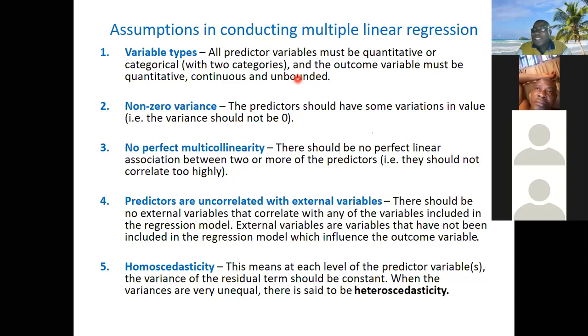It must be 1 and 0. That is the logic of a dummy variable. Whenever you want to use a categorical variable for any form of regression, either linear or logistic, you must create a dummy variable, coded 1 and 0.